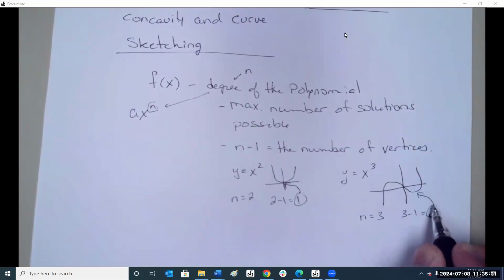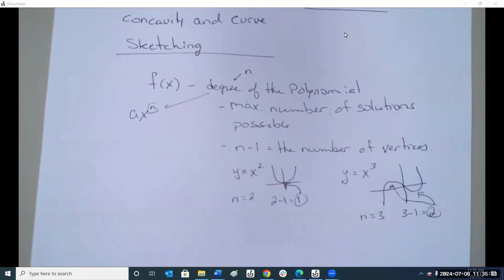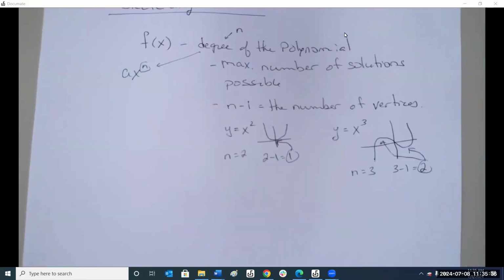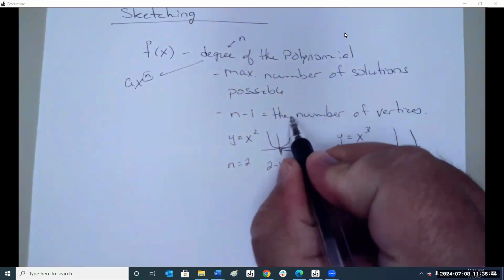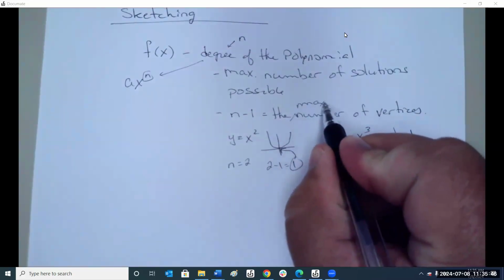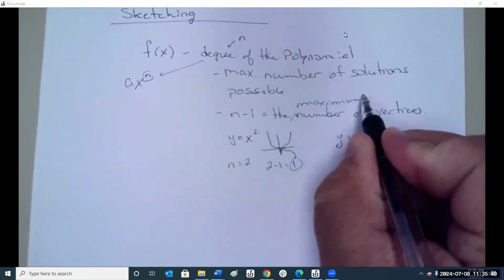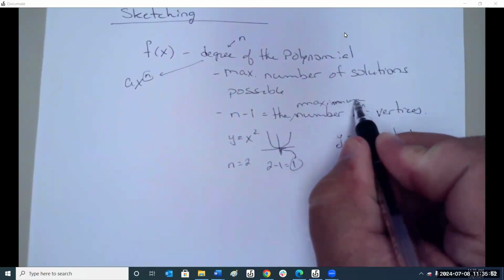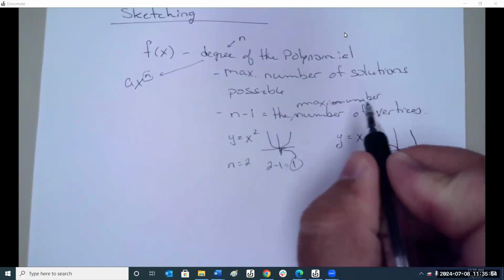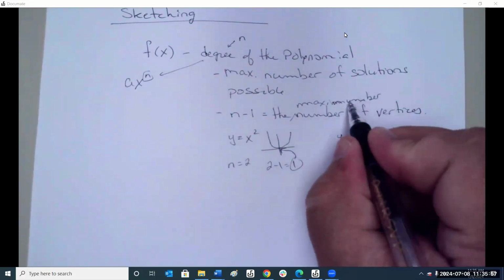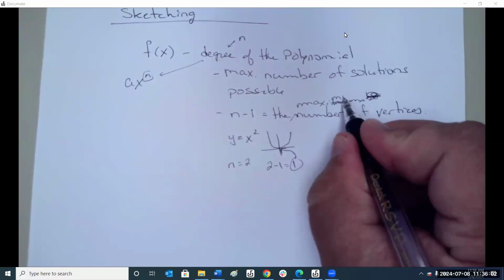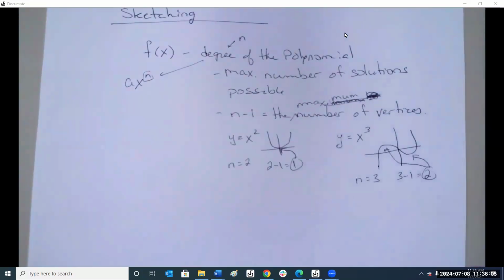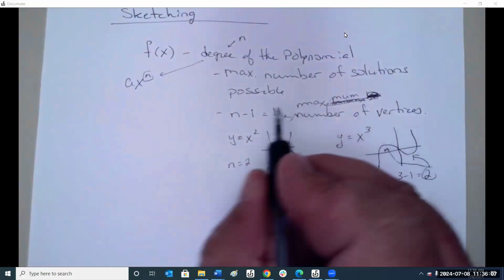We have two vertices. Actually, it's the maximum number of vertices, n minus 1.